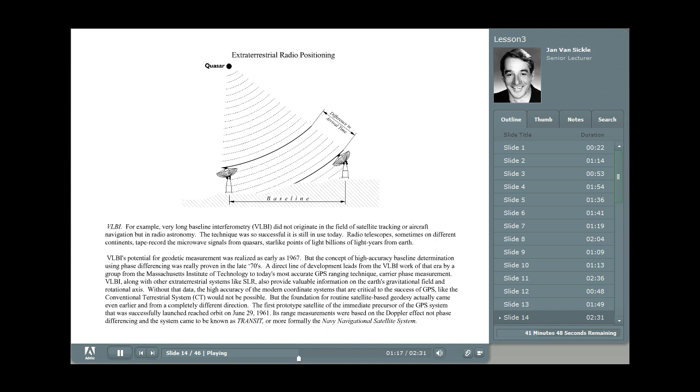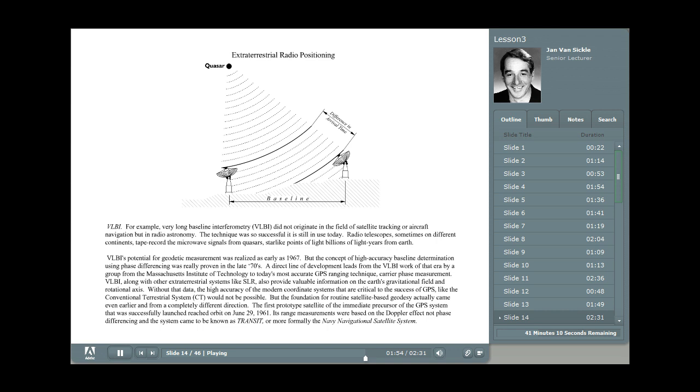It was used, as it says here, as early as 1967, and like SLR, it provided valuable information about the Earth's gravitational field and rotational axis. Now, this is important to mention because, of course, now that it became possible through satellite means to combine the datums of different continents, the shape of the Earth and the orientation of the Earth, and determining those things quite accurately became essential to the use of satellites.